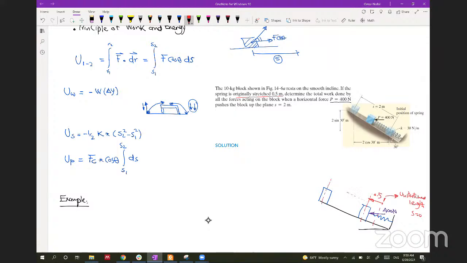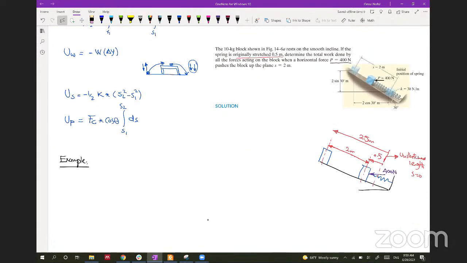So starting from this, that means that the spring was stretched to 2.5 meter. So let's solve this problem and see which forces are exerting work and which are not. Just be careful, we have a smooth incline, which means there is no friction, so the friction is not exerting force.